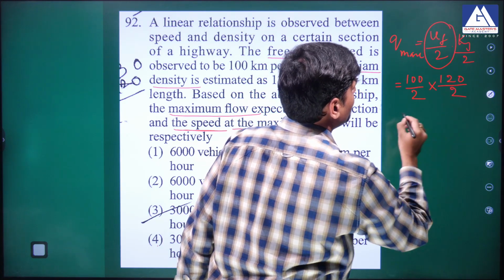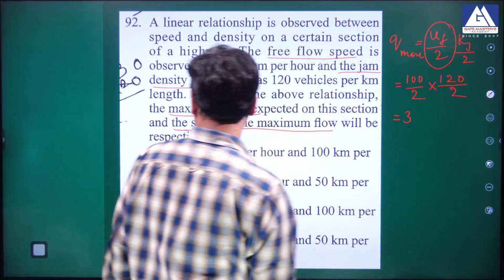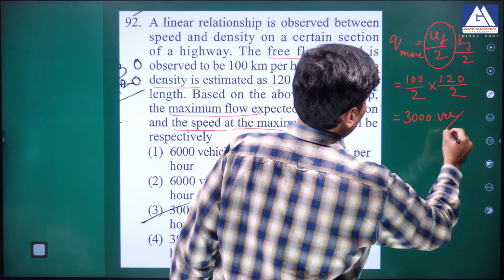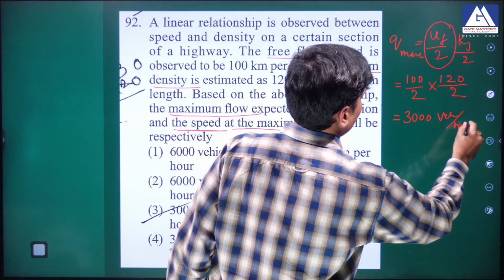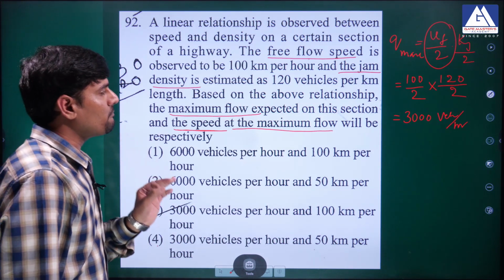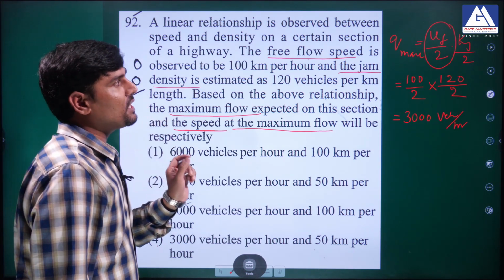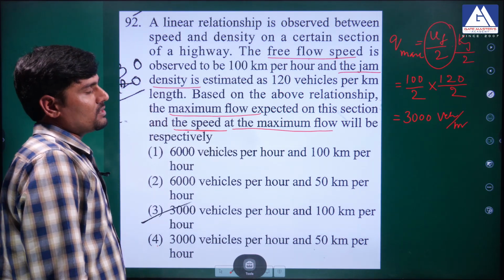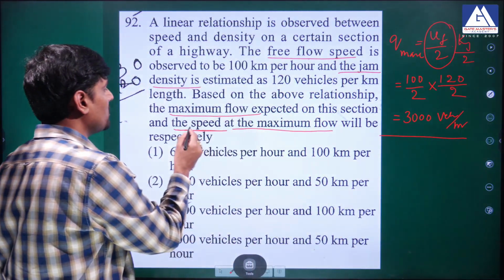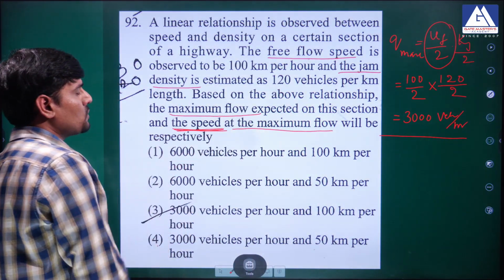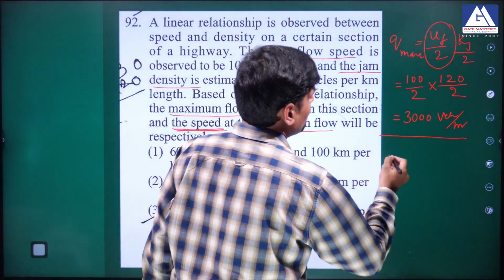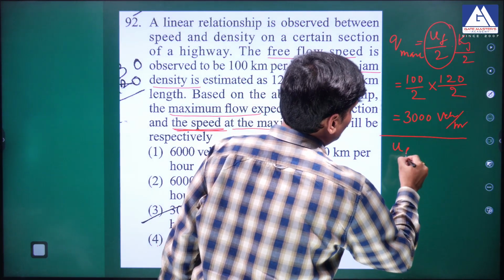It ultimately gives you around 3000 vehicles per hour. 3000 vehicles per hour is the maximum flow for a given free flow speed and Kj by 2, that means Kj, traffic jam density. But there is a second part of the same question. The speed at the maximum flow is UF by 2.